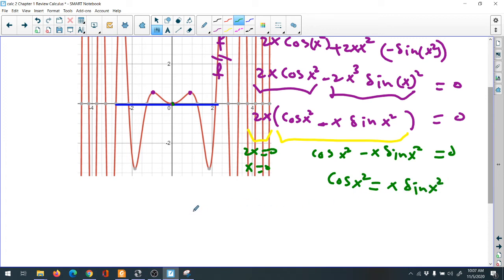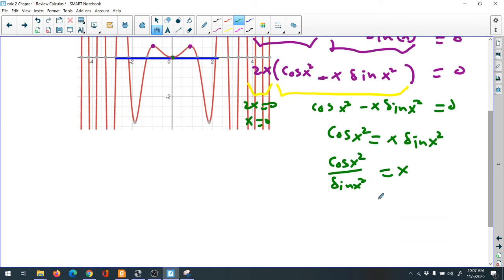Then we could solve the equation. Divide by sine, so cosine over sine equals x. Then cosine over sine is cotangent. Cotangent x squared equals x.